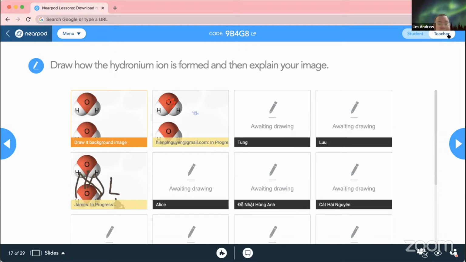So it basically means it gains an extra positive hydrogen ion from another molecule. As basic chemistry mentioned to us in the earlier chapter, all atoms consist of 3 things: electrons, which give a negative charge; protons, which give a positive charge; and neutrons, which give a neutral charge. And all these things will give H3O because of all these charges.